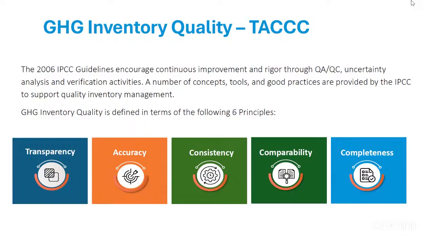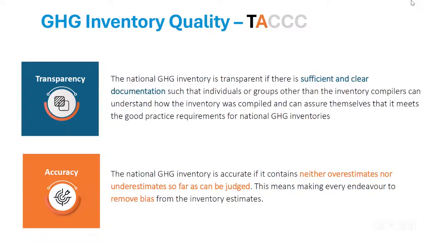With transparency, you have sufficient and clear documentation so that even if someone who has not been part of the process comes to look at the inventory, they are able to ascertain how your emissions were estimated, based on the methodology, the available data, and the correct methods.